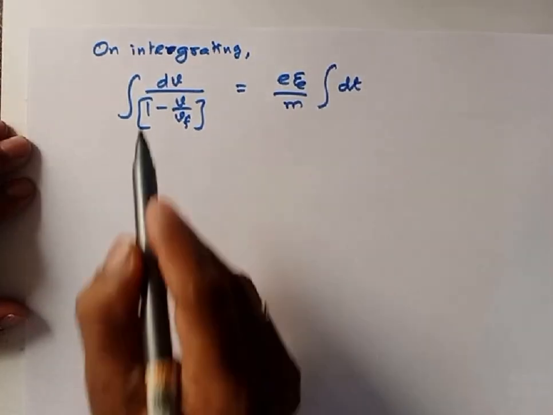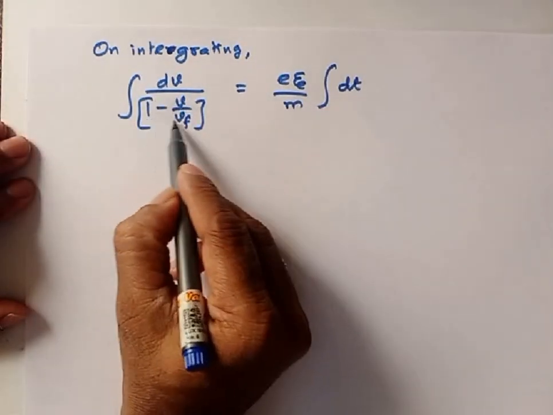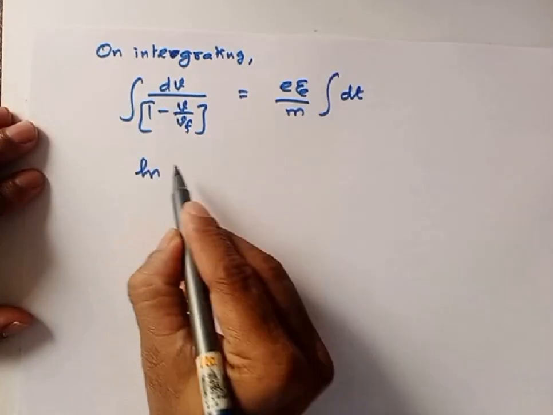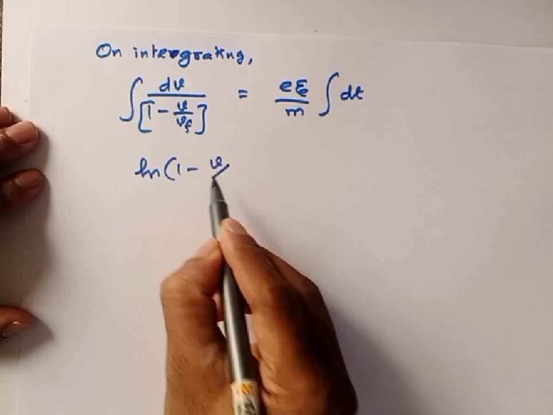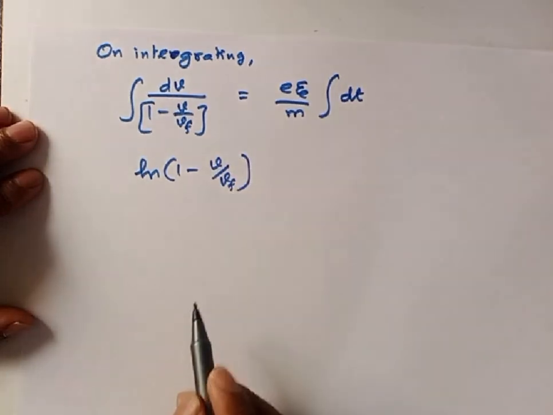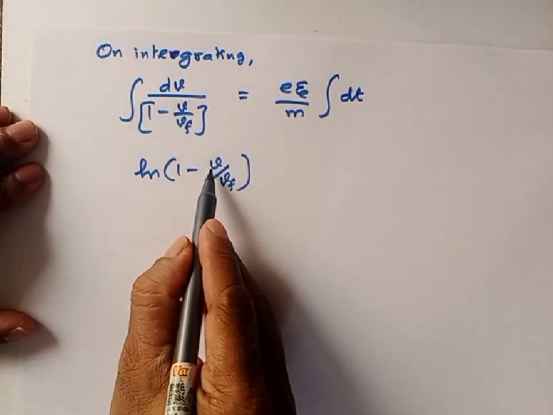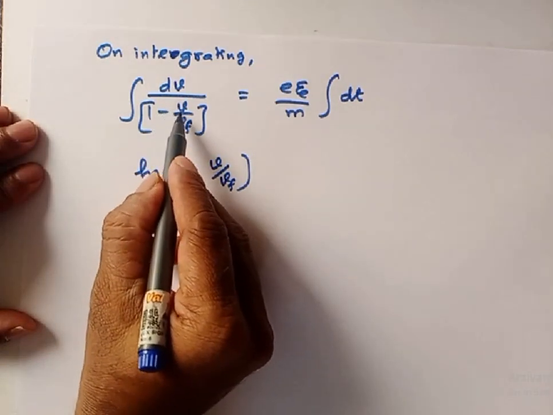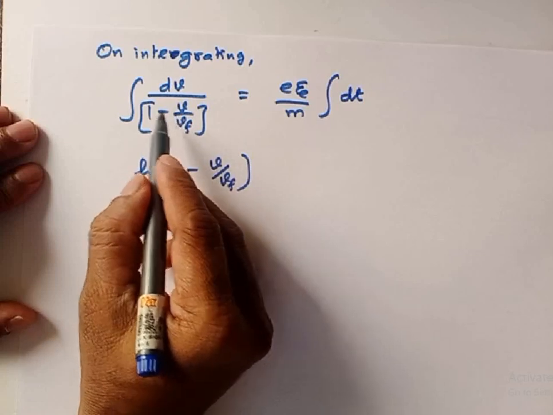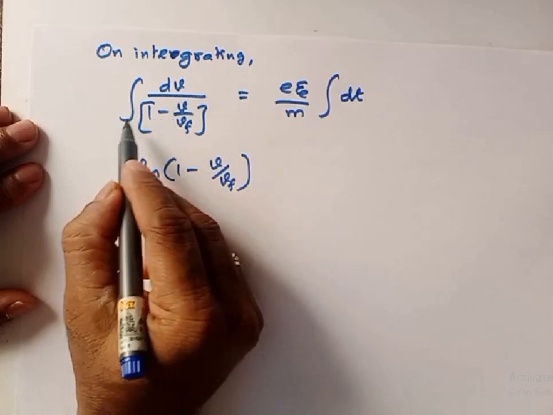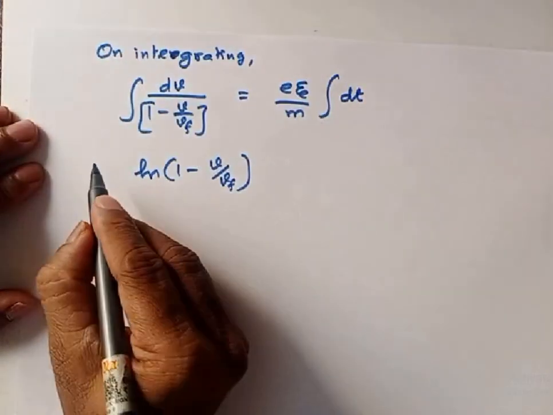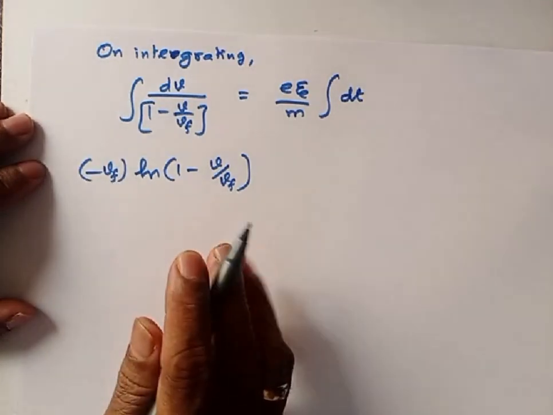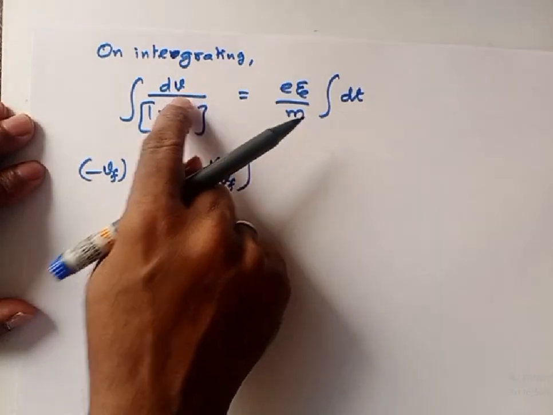Taking 1 minus V by Vf as x, integral dx by x is ln x, so you get ln of 1 minus V by Vf. Since the term 1 by Vf is there, if you integrate, it exists in the denominator; bringing it to the numerator you'll get minus Vf.